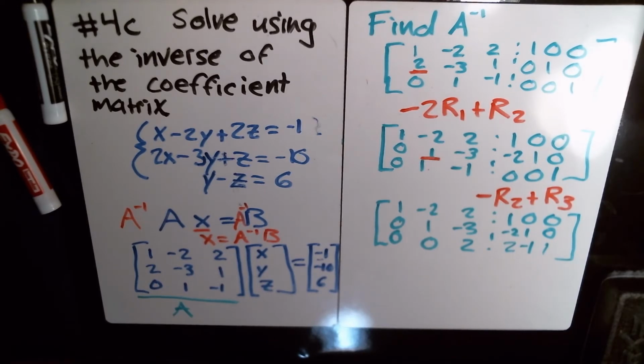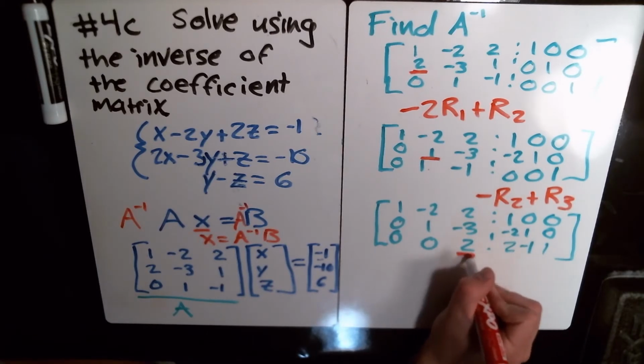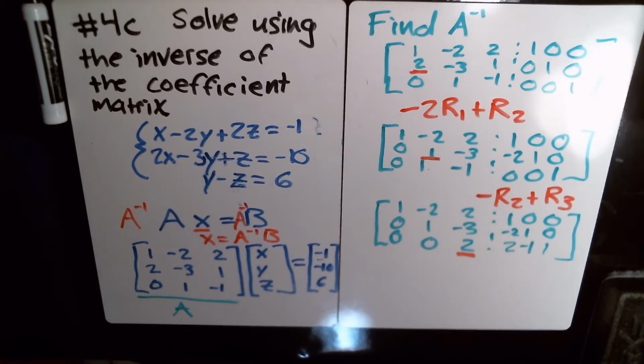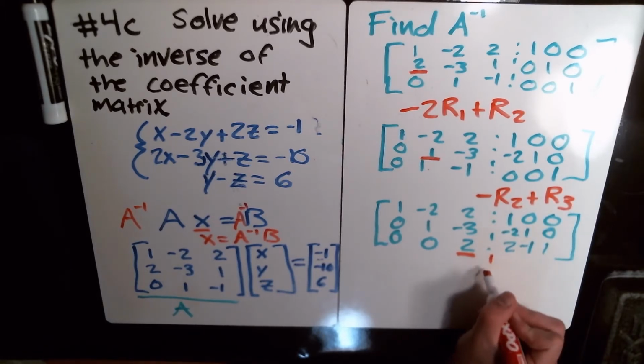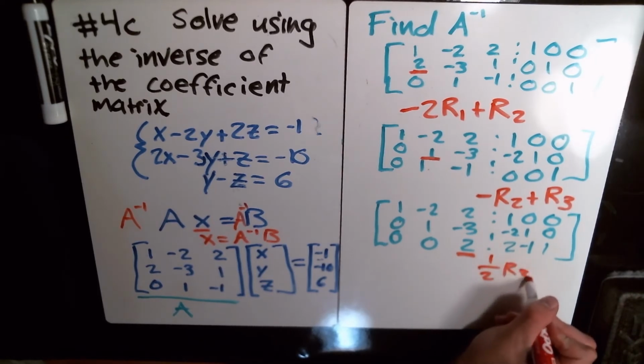Okay, so now what I want to do is get a 1 right here, 1 right there. So to get a 1 to be right there, I'm going to do 1/2 times that row, times row 3.